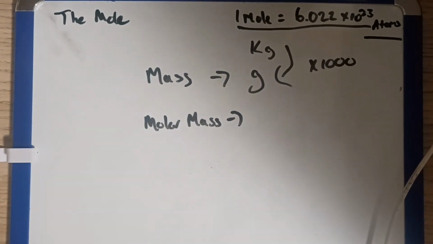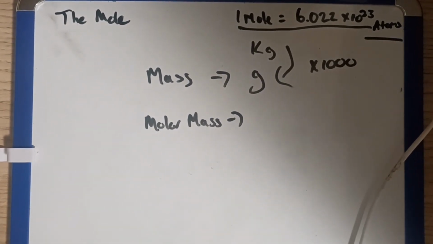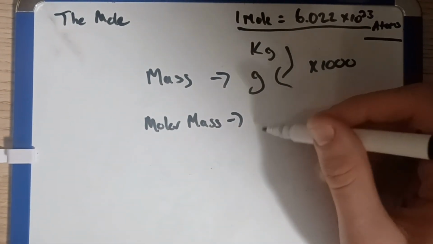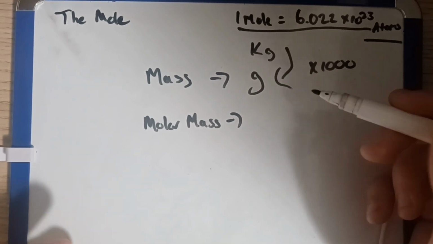This is sometimes given to you in the question, but 9 times out of 10 it won't be, because the molar mass is literally just the mass of each element you're asked to find.